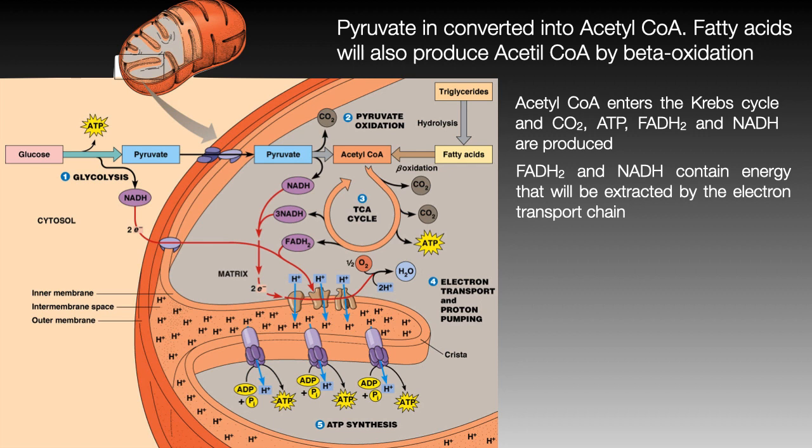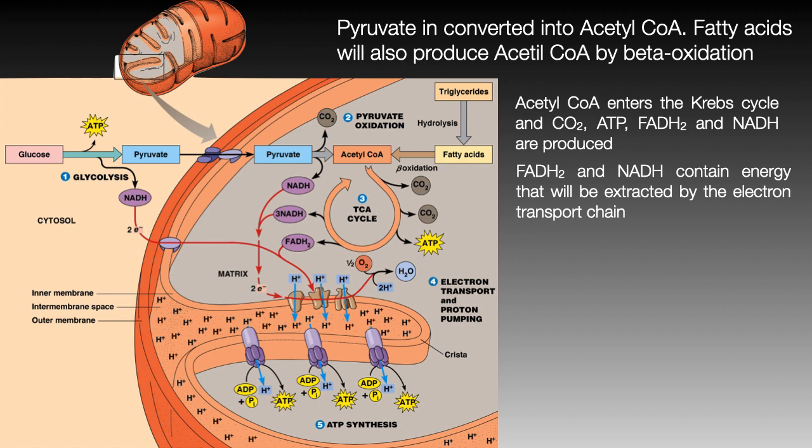All right, so if you look again on the left at glycolysis, you'll see that NADH is produced, and this one has to enter the matrix where it will join with the NADH and FADH2 produced by the Krebs cycle. You'll see that these products have to be in the matrix to be used.